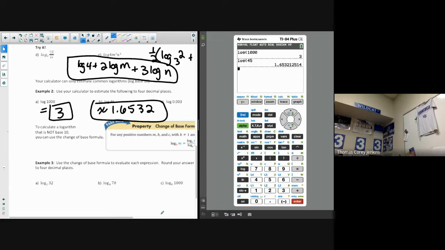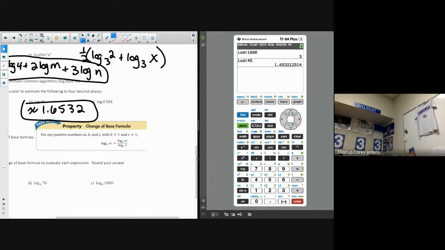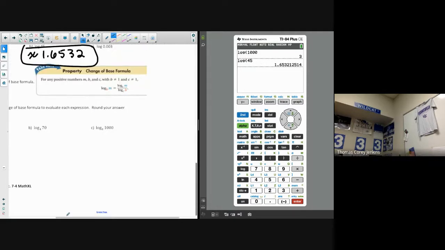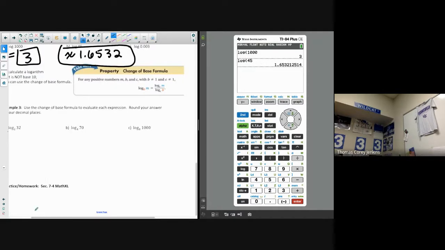Okay, now this last example kind of thrown in here is going to be a big deal, all right? You can use this to simplify any logarithm, whether it's an irrational or a rational number, right? You can use this change of base formula. So basically it says this, for any positive numbers M, B, and C, where B doesn't equal 1 and C doesn't equal 1, the log base B of M can be simplified by finding log base C of M, but we're just going to leave that as a log.